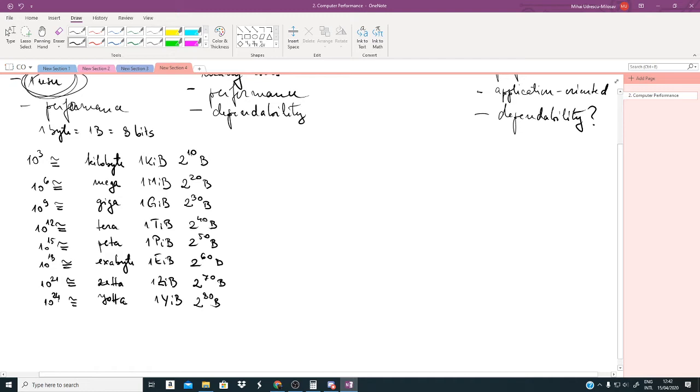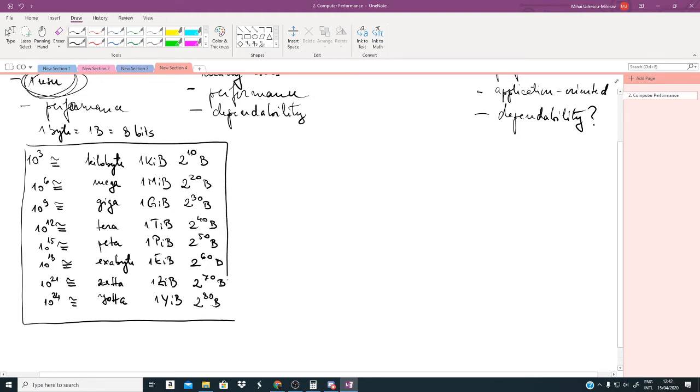Okay, so that would be, you know, hard for the human mind to even fathom these large quantities. Okay, so that was just a parenthesis, right?